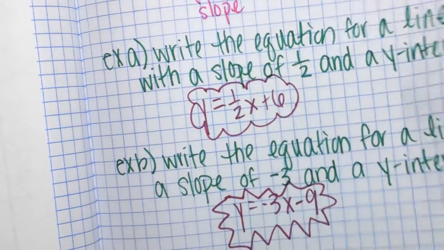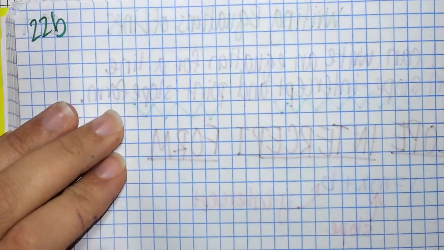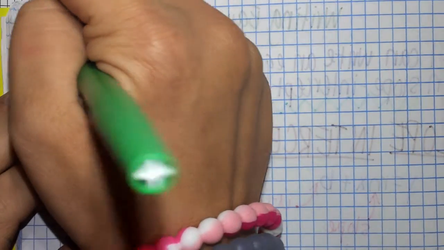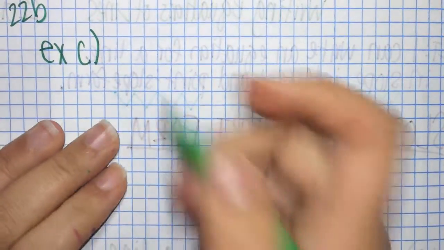And we're going to practice. We're going to call this example C. Example C. Alright, you're going to get some point slope form problems though.